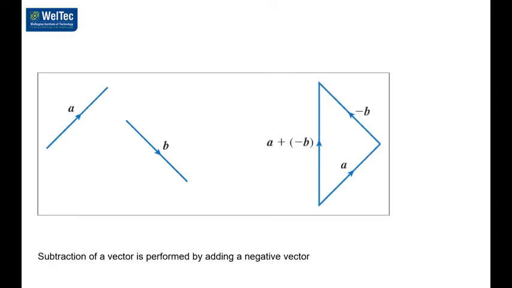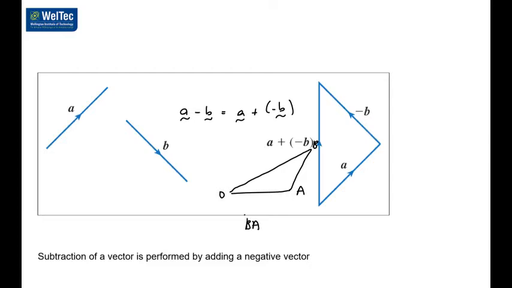As you would imagine, it's easy to define subtraction as being A plus the negative of B. So if we have in a triangle from O to B to A, if I wanted to find BA, it is equal to OA minus OB.